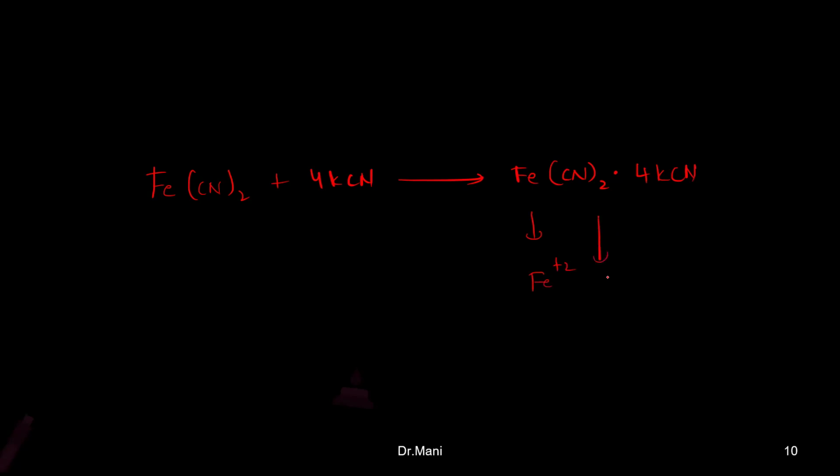Okay. Let's see the complex salts. Here also it will not dissociate into Fe plus 2 or CN minus. So this will not happen. Remember this. It will not dissolve in the water.